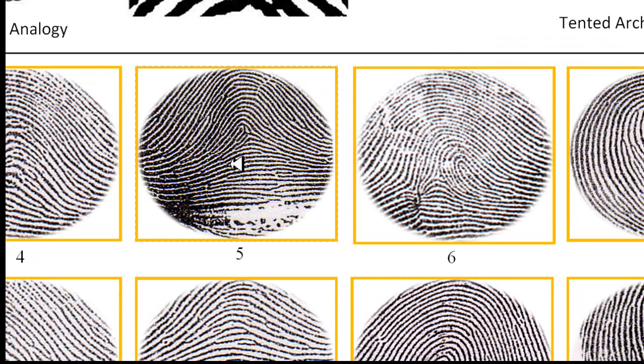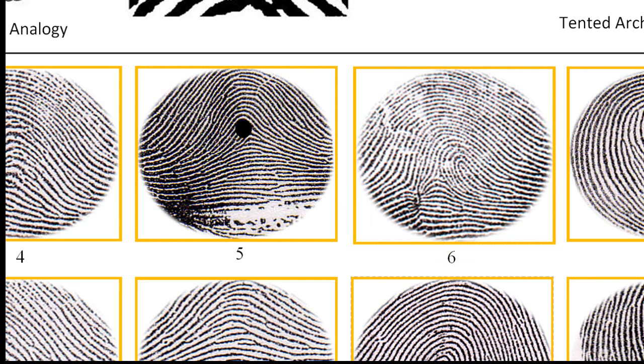Let me make no mistake that even if I were to cover up this area, it would possibly look like a plain arch, but this ridge right here, and I'll follow along, that comes up straight, and this ridge which comes from the left side and points upward, that is the tent formation, and that is what gives this pattern the tented arch classification.